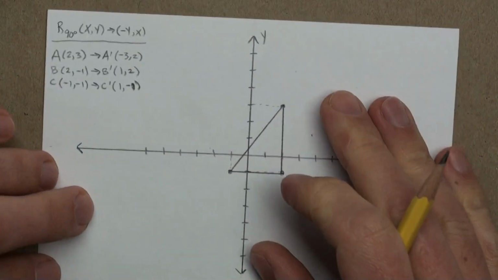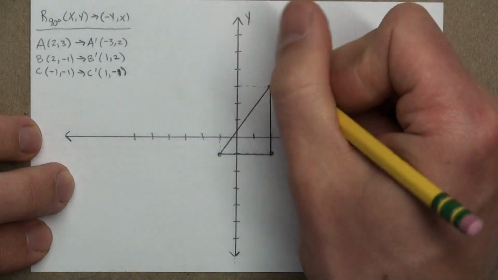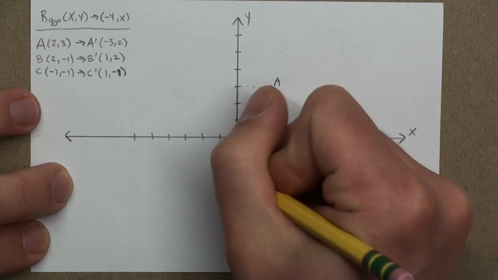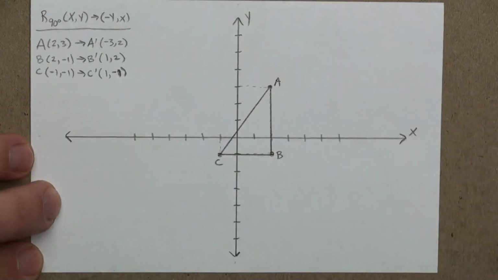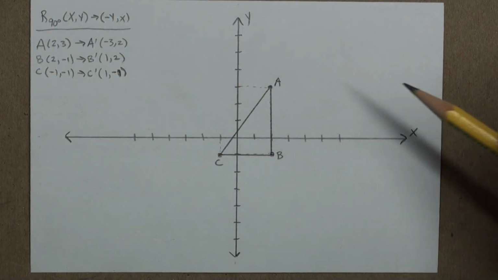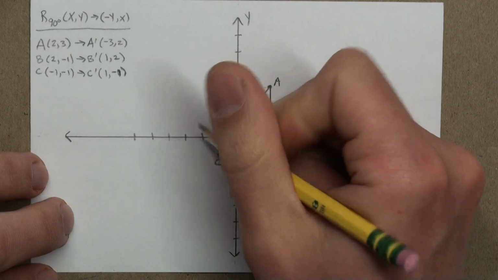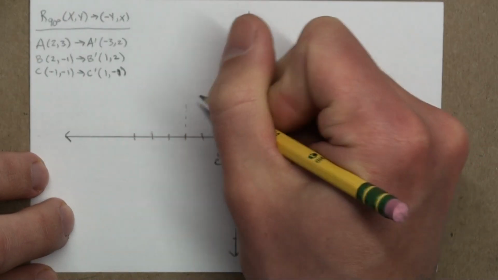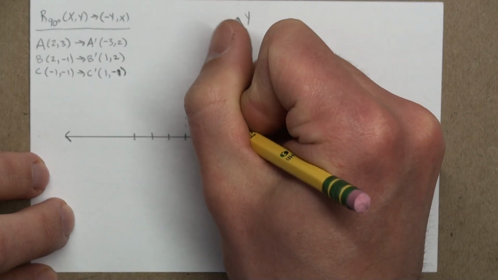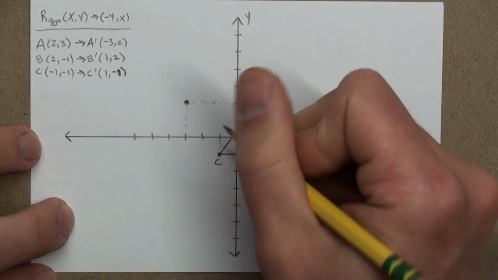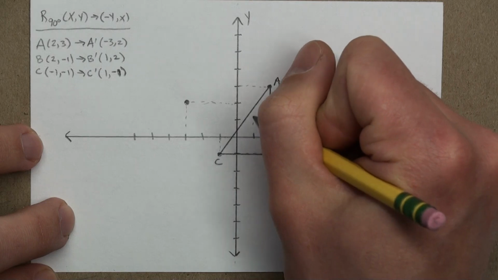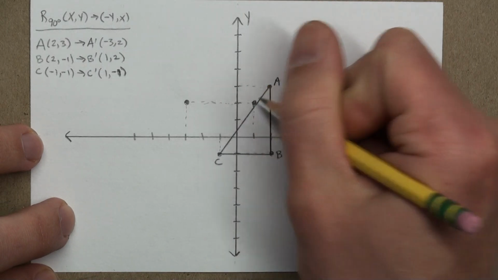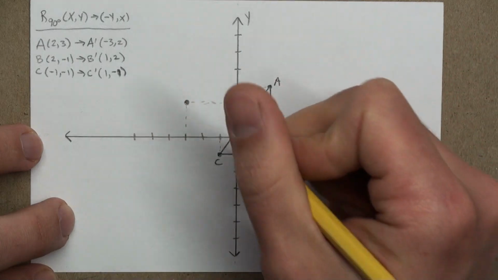So this is A, this is B, this is C. Now let's do the image. Negative 3 comma 2. 1, 2. And 1, negative 1.